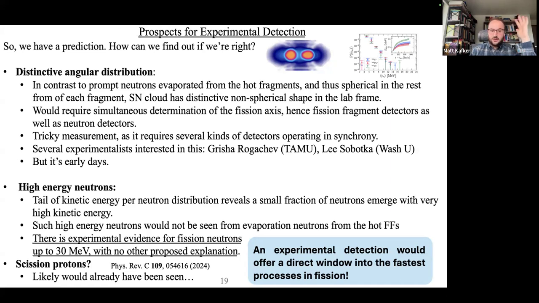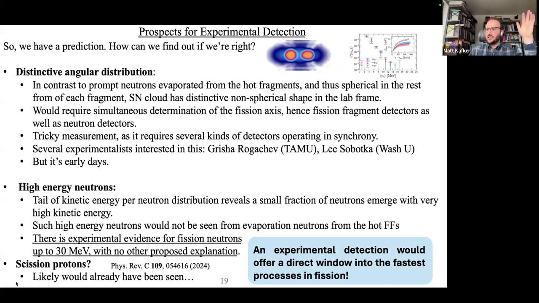So in principle, what one could do is figure out what you would get if you had 9 to 14% of this 3-cloud type distribution in the lab frame, and the rest is coming from isotropic emission in the rest frame of the fragments. Figure out how to add those distributions together and try to predict what a detector would see, and then construct such a detector and look for deviations from just isotropic emission.